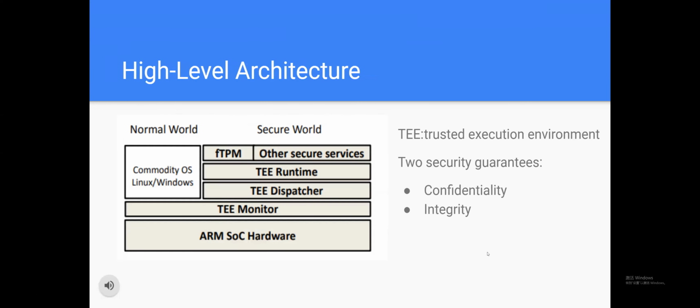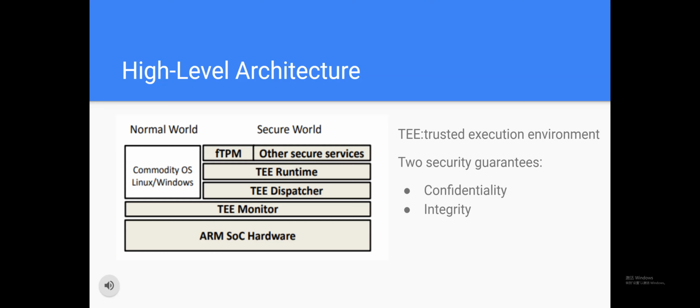In order to solve the limitations of ARM TrustZone, the paper implements a trusted execution environment that acts as a basic operating system for the secure world. This figure illustrates the architecture. At a high level, the TEE consists of a monitor, a dispatcher, and a runtime, where one or more trusted services, such as the fTPM, can run one at a time.